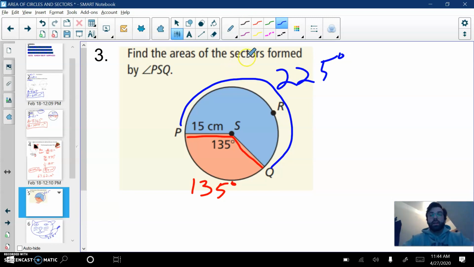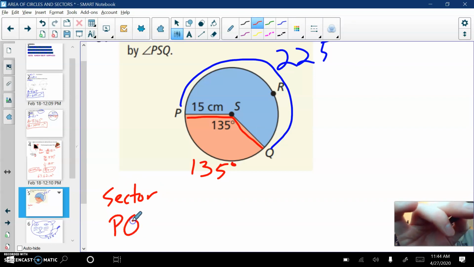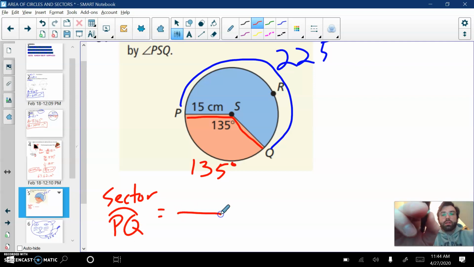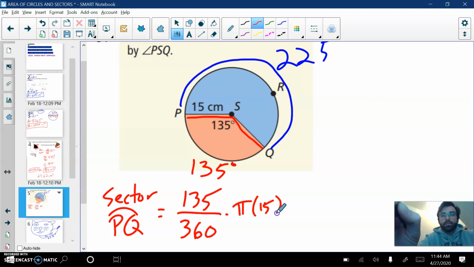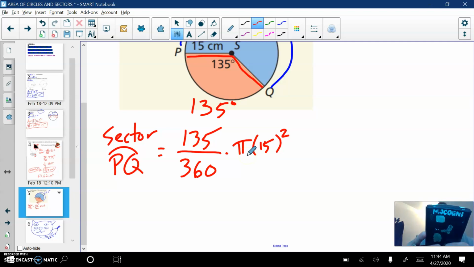So it says to find the area of these sectors. Let's find the area of the sector of our minor arc, PQ. Our minor arc sector is going to equal the measure of our arc over 360, which is 135, times pi 15 squared. I'm going to do this one, and then I'm going to ask you to do the major arc. So 15 squared times 135 over 360. Ooh, that is a bad number.